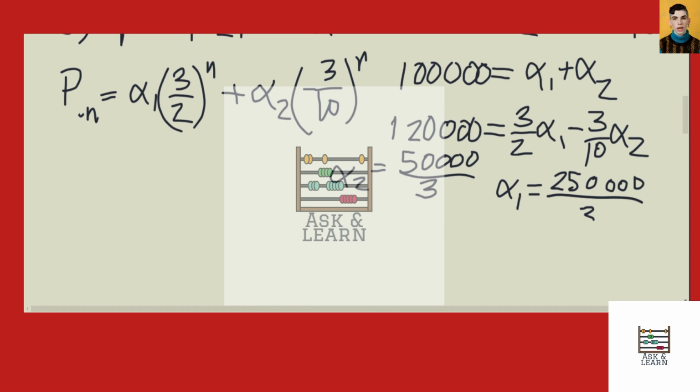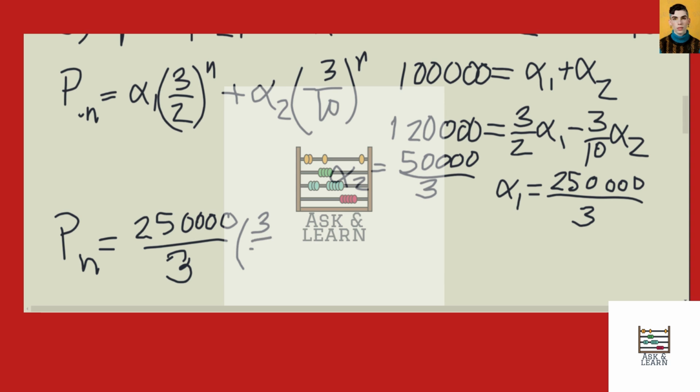And so we have the particular solution is Pn equals 250,000 over 3 times 3/2 to the n plus 50,000 over 3 times negative 3/10 to the n.